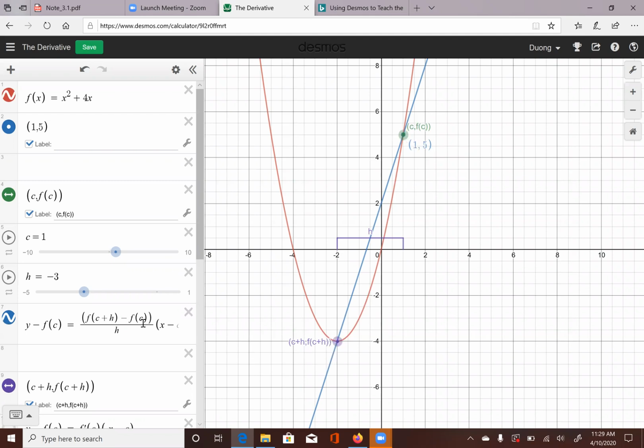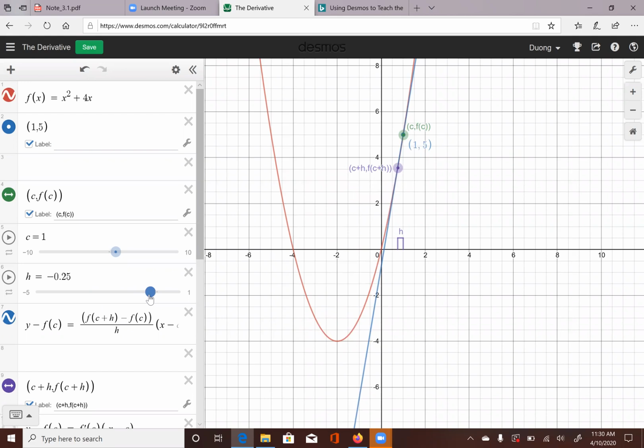As we decrease the distance h, we will get a better estimation for the slope of the tangent line that goes through this point. So I will drag the point closer and closer to the point x equals 1. As you can see, the point is moving, right? h is decreasing.